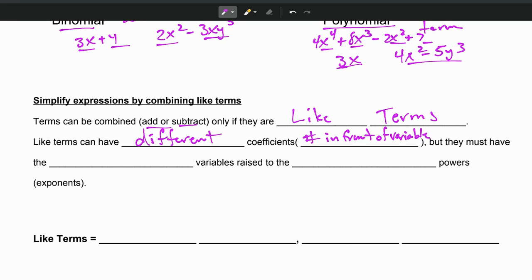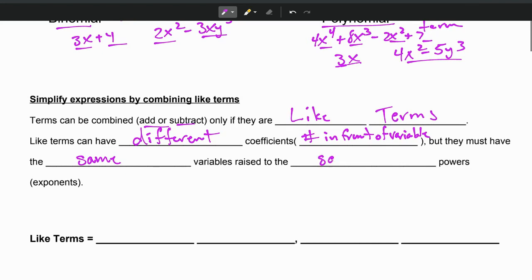But they must have the same variables raised to the same powers or exponents. In other words, like terms means same variable, same exponent. You'll hear me say that a lot in class.